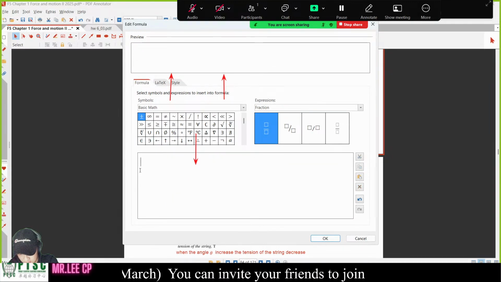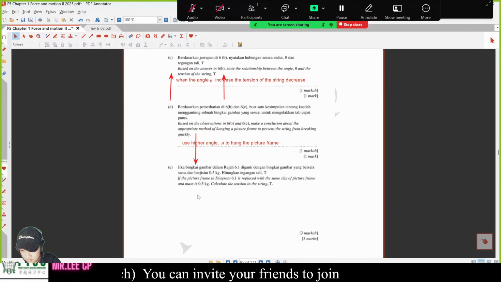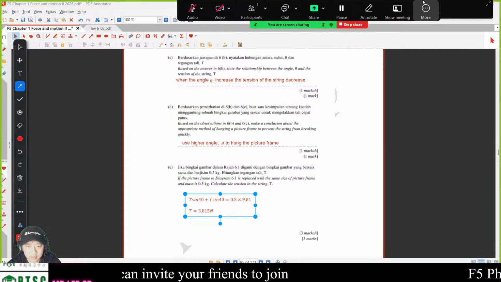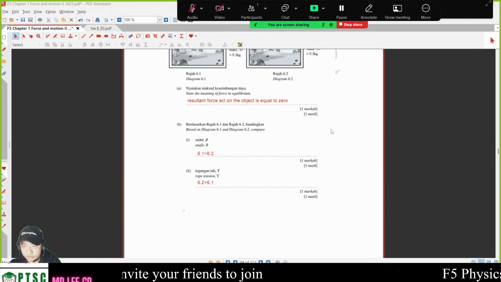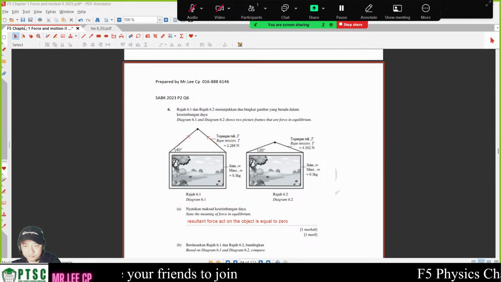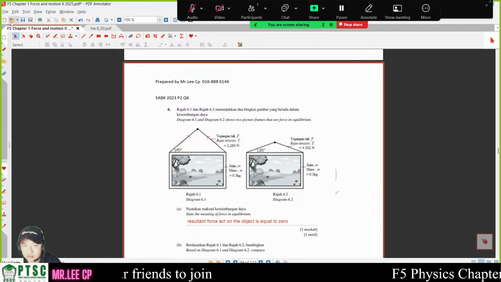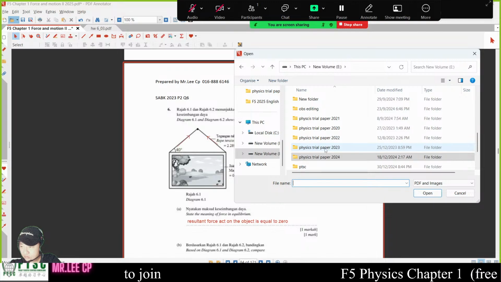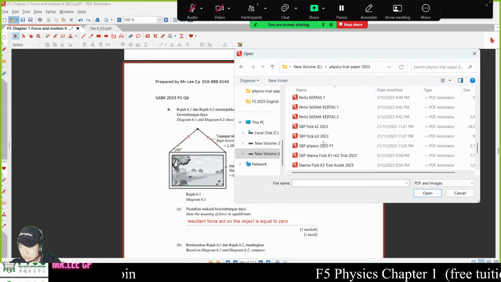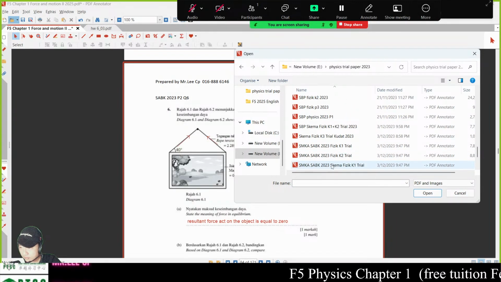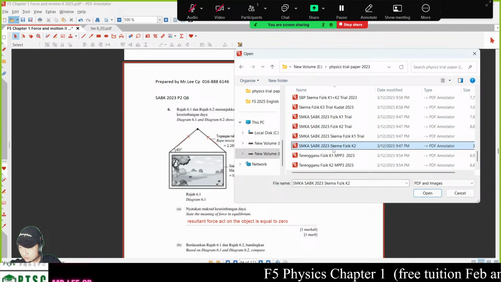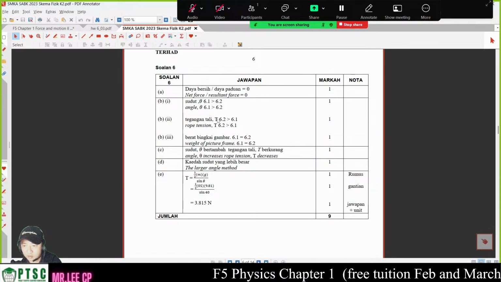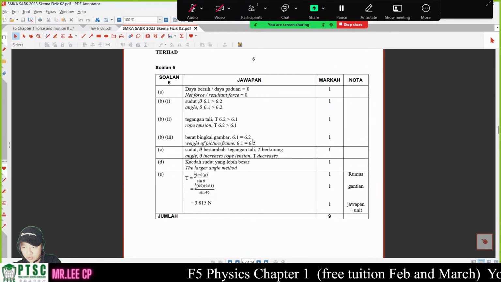Alright, I check the answer. SA 2023, SAKB schema, question number 6. 6.1 more than 6.2, 6.2 more than 6.1, 6.1 equal to 6.2.